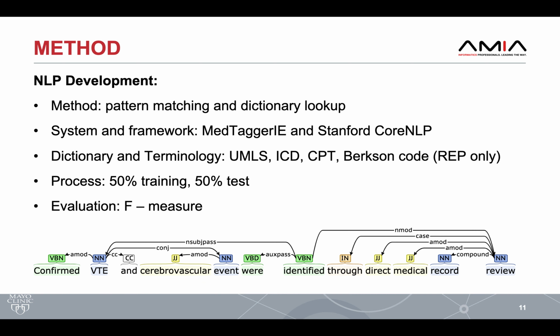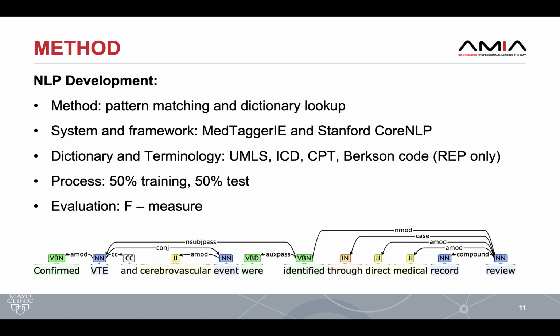To develop an NLP system, we use simple pattern matching and dictionary lookup methods. We also adopt two open source systems and frameworks: one is MedTagger IE and the other is Stanford CoreNLP.